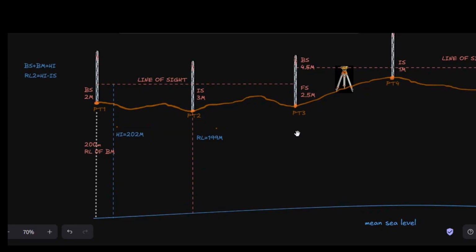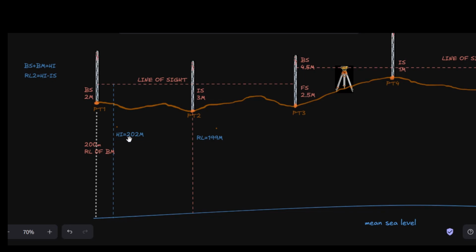Now this is another one. This is my foresight. I know the total height here to be what? 202 meters. My foresight here is 2.5 meters. So what do I do?